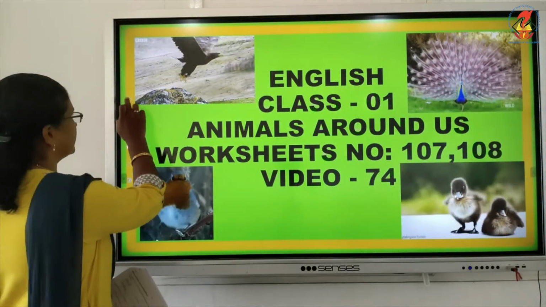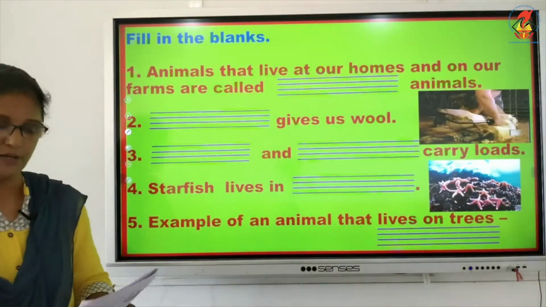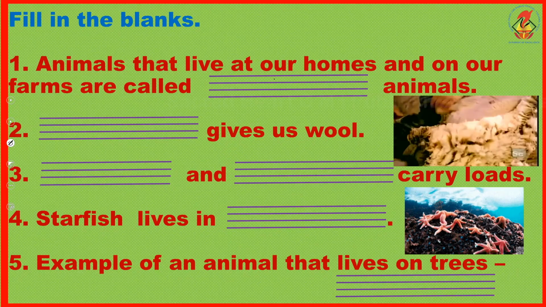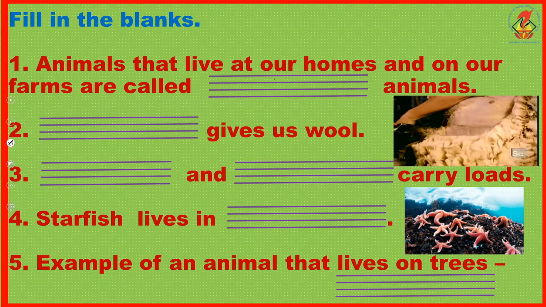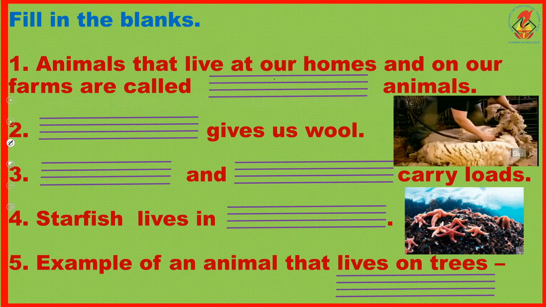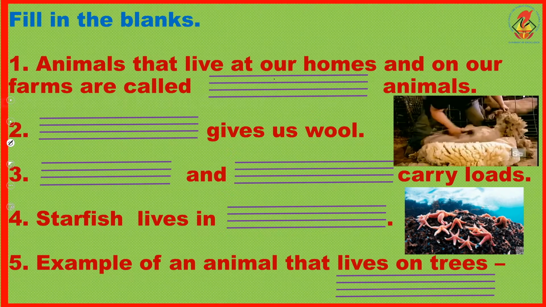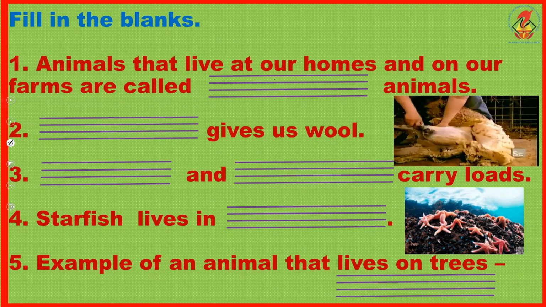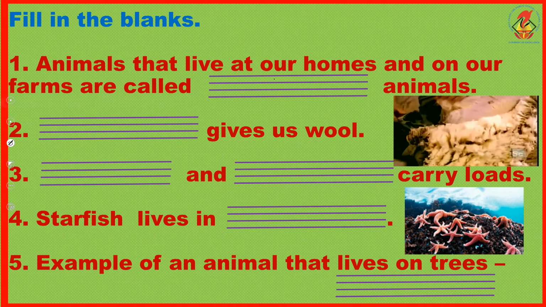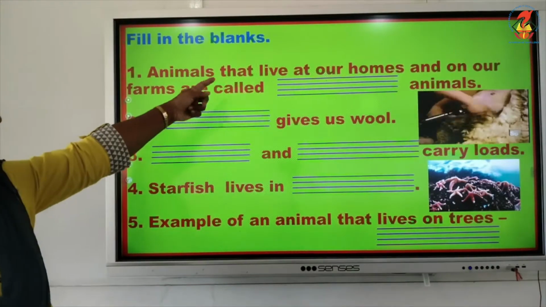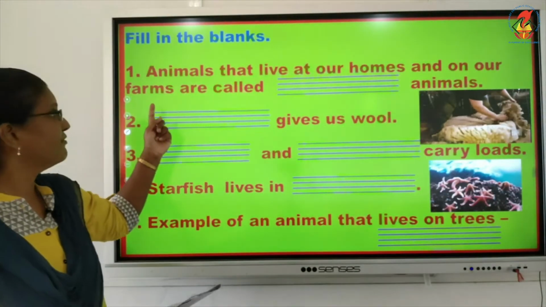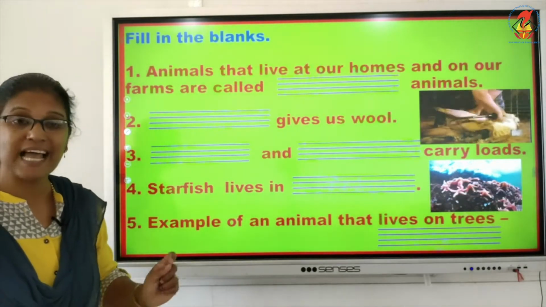And my little ones, the first one in 107, we have fill in the blanks. The first one, animals that live at our homes and on farms are called dash animals.